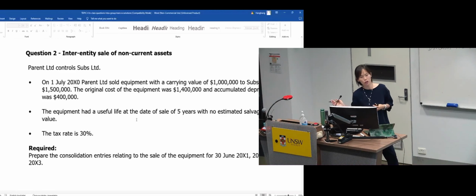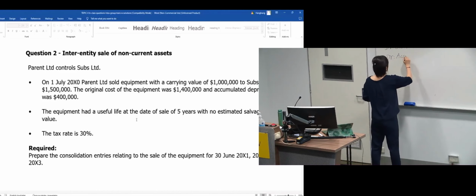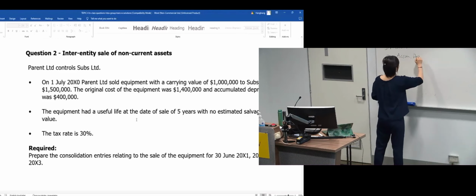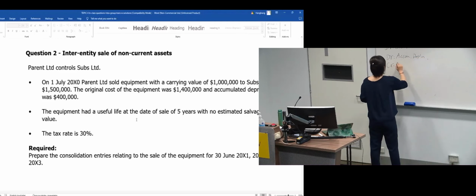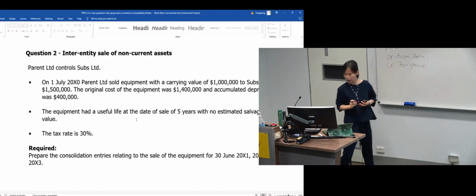And then the parent needs to de-recognize the equipment from its balance sheet. So there will be a debit of accumulated depreciation and a credit to equipment, right? Now give me the numbers.